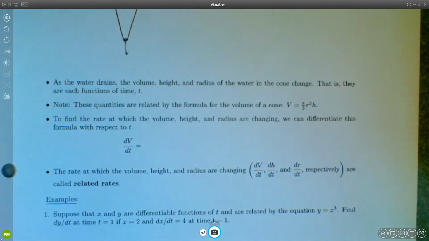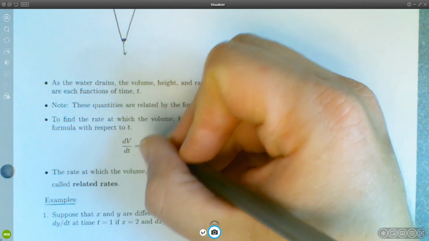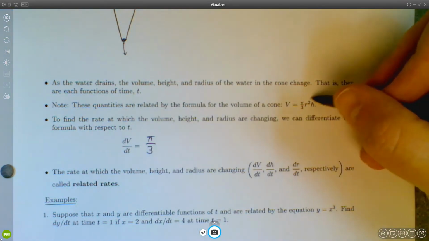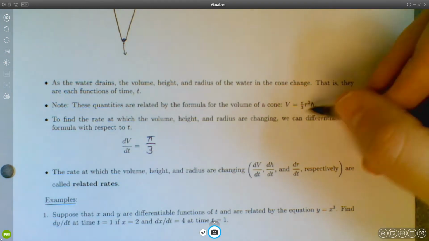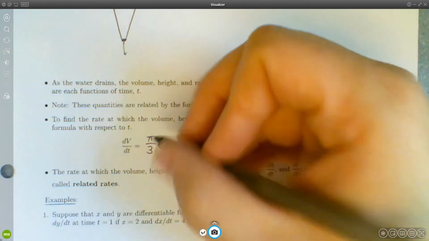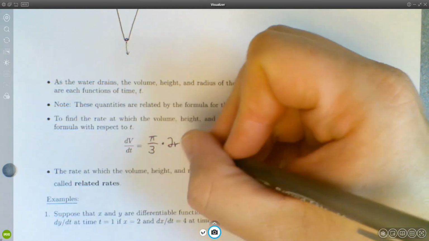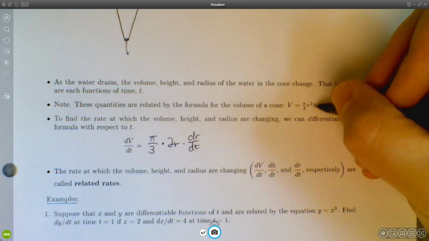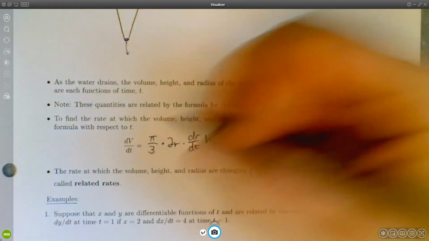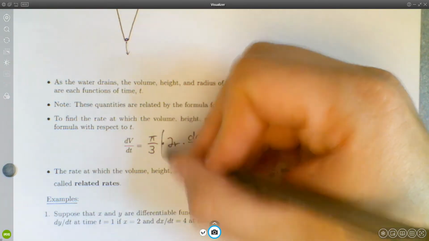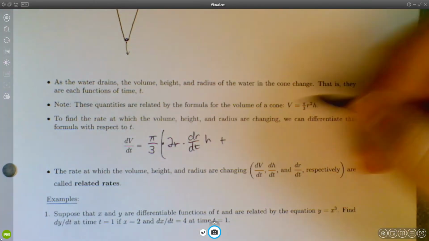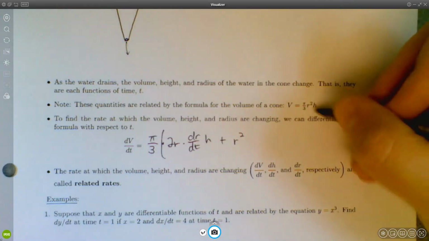So doing implicit differentiation on this, dV/dt is going to be pi over 3 times the derivative of, we're going to have to use product rule here, right? The derivative of r squared is 2r dr/dt, and then times h, plus the first one, r squared, times the derivative of the second one.